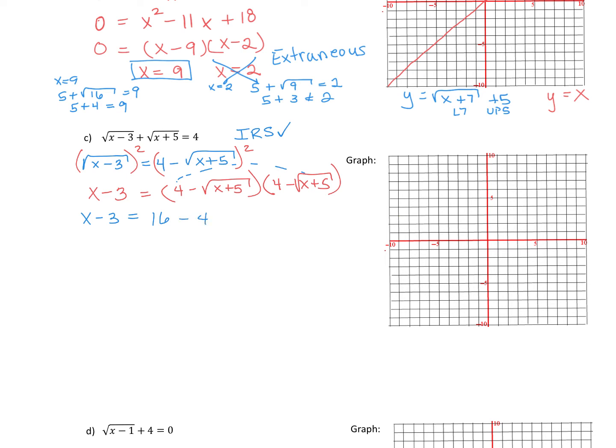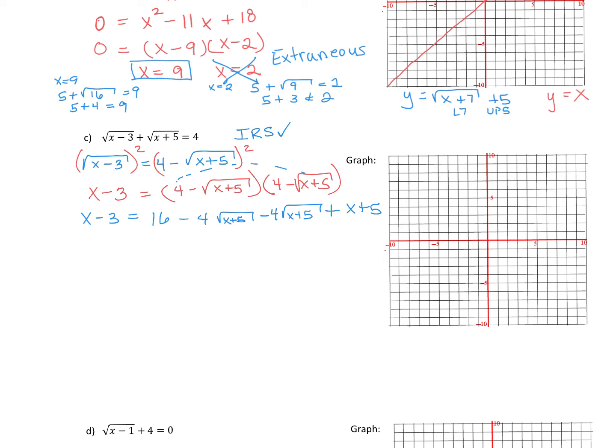Minus 4 root x plus 5. And then the insides, minus 4 root x plus 5. And then the last, plus, because it's a negative times a negative, and when you multiply a square root by itself, you just get that inside or the radicand.